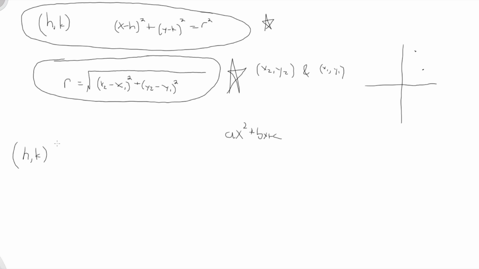Given this vertex, the formula is going to be a, which is your coefficient, right? How narrow or wide it's going to be. A times (x minus h), where h is the x value of your vertex, squared, plus k, all right? And that's equal to, let's just say y, because it's a function. So this is your vertex form for your quadratic, all right?